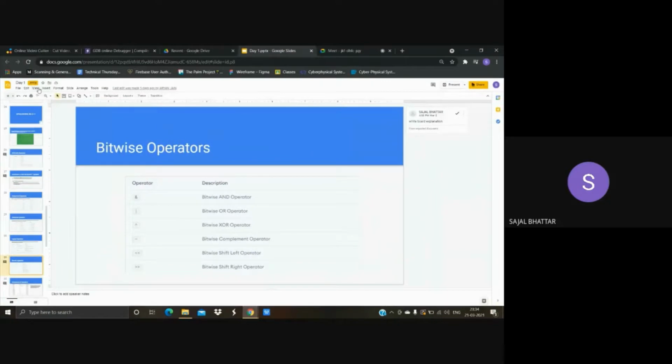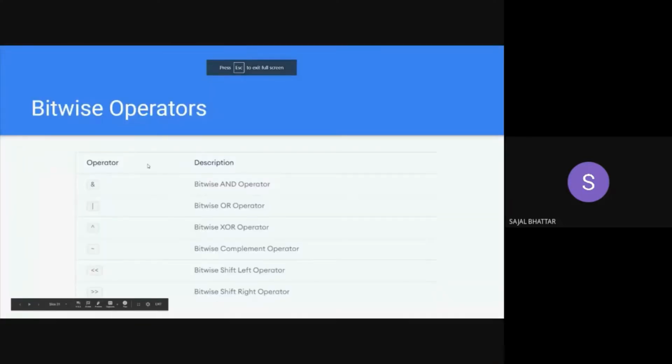And now we have bitwise operators. They take the values of two operands, and the AND operator will return true if both of the operands are true. They work in bits. So suppose we have P and Q, and both P and Q are 1, then only the AND operator will return 1.